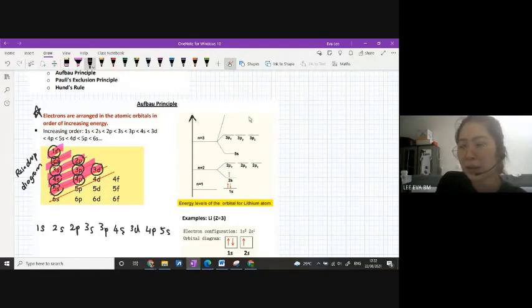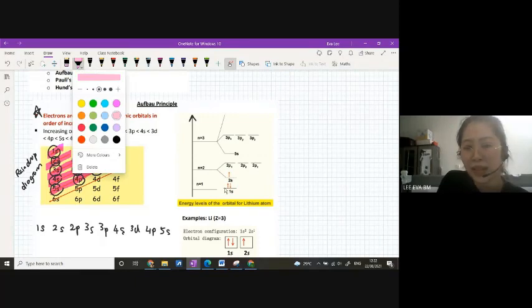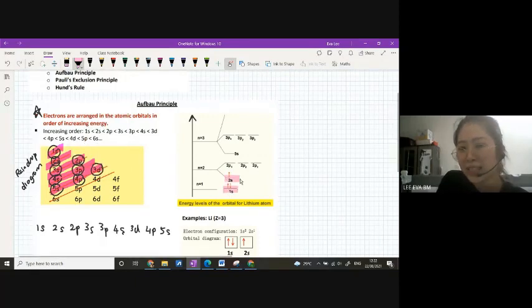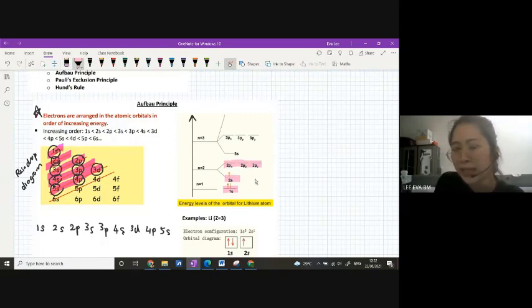In the diagram here, we have 1s, 2s, and then 2p. Doesn't matter whether px, py, pz, they all have the same energy. After that we go into 3s and then 3p, and so on. So the energy level is getting higher and higher.